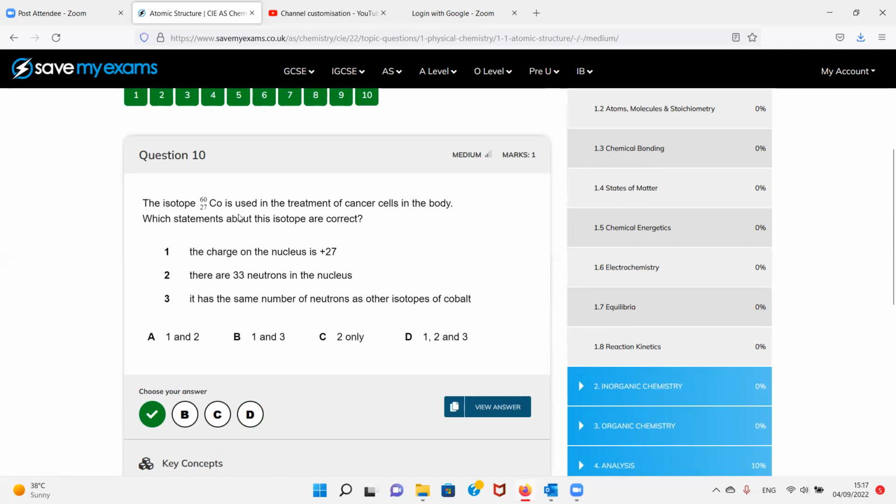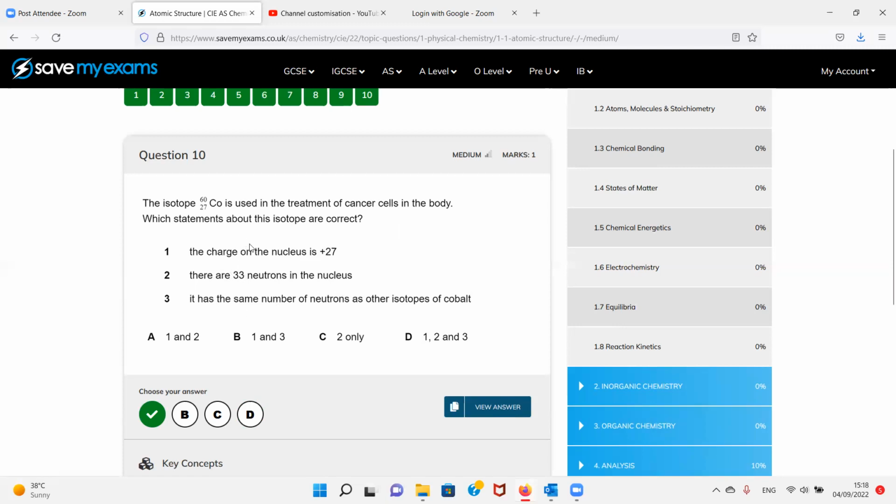The last question in the case of the medium difficulty questions. The isotope Co-60 is used to treat cancer cells in the body. Which of the following statements is correct? The charge on the nucleus is 27. There are 33 neutrons in the nucleus.